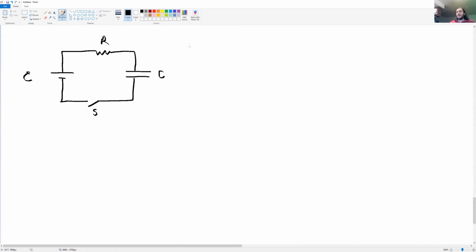Suppose at t equals 0, this is our initial condition, the charge on the capacitor is 0. Then we close the switch. So write all this down. So at t equals 0, the capacitor has 0 charge on its plates, and we close the switch.